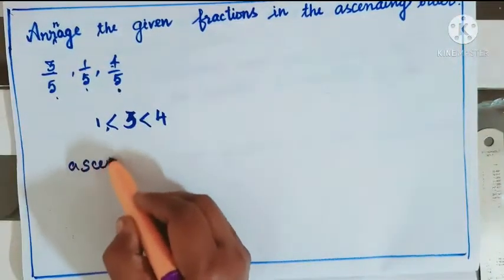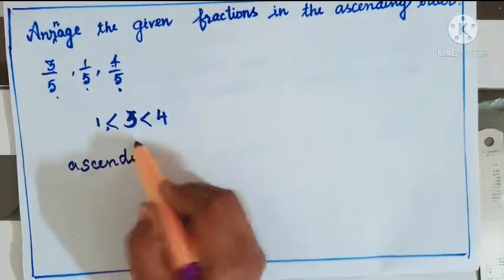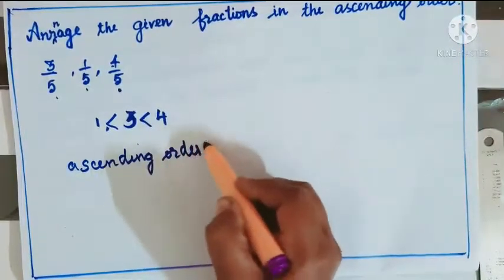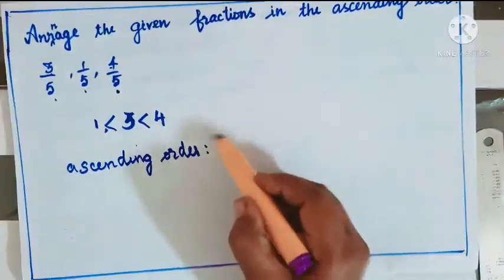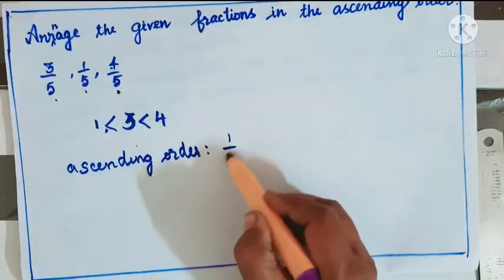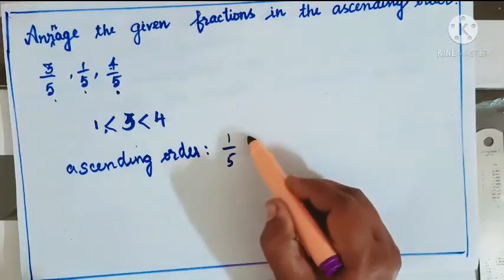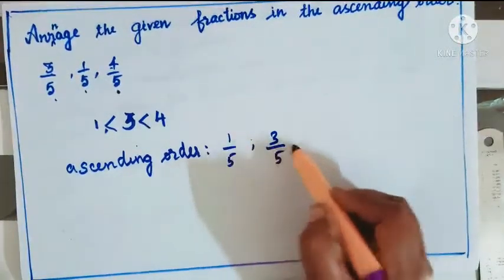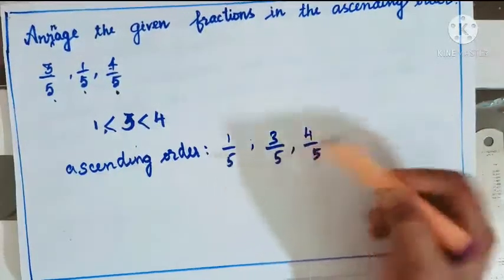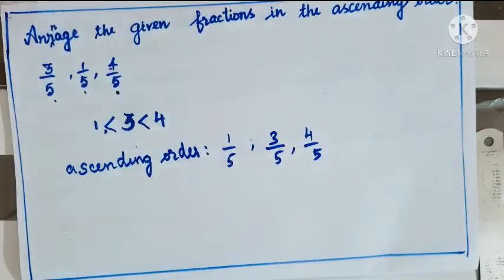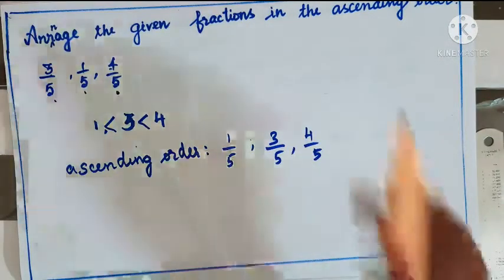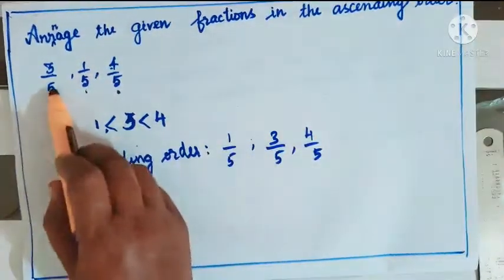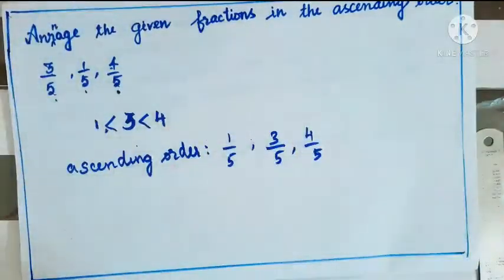Yes. Likewise, you want to write it in ascending order. So, the ascending order will be like this. How it will be? 1 by 5, then 3 by 5, then 4 by 5. This is the order it has to be arranged. Understand? This case is for what? Like fractions.